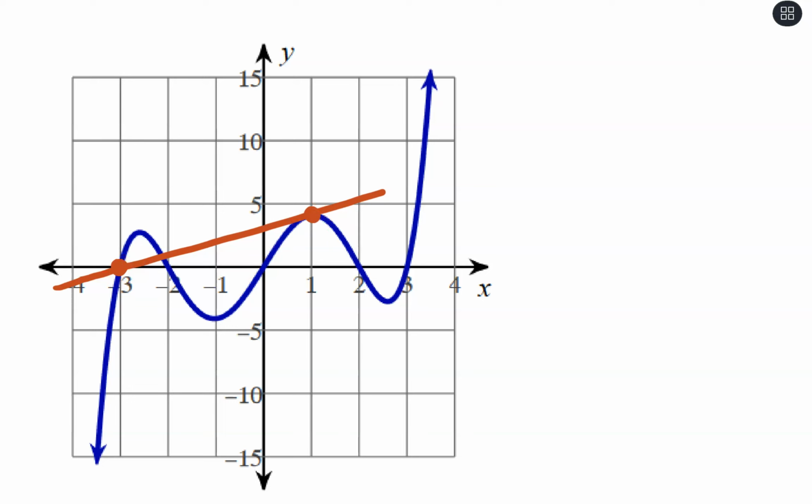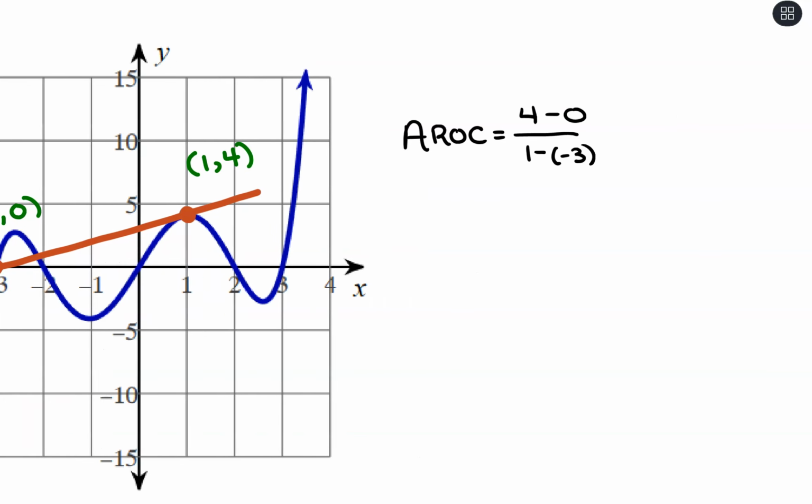So let's give coordinates here. That's a -3, 0. And here we're at a 1, and let's go ahead and estimate that as a 4. So if I want to calculate the average rate of change, I'm going to take the difference in the y values, so 4 minus 0, over the difference in the x values, 1 minus the -3.